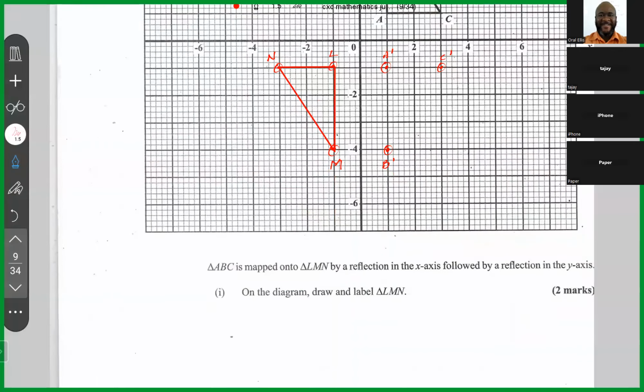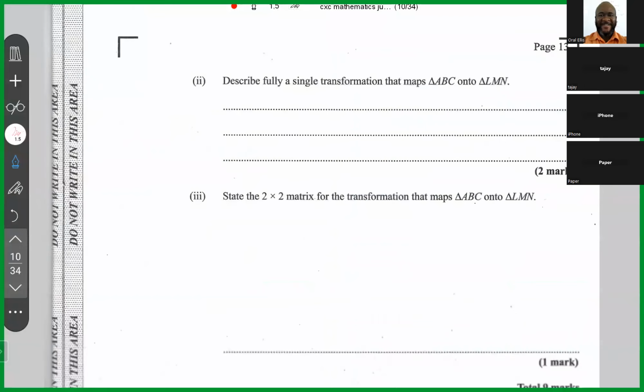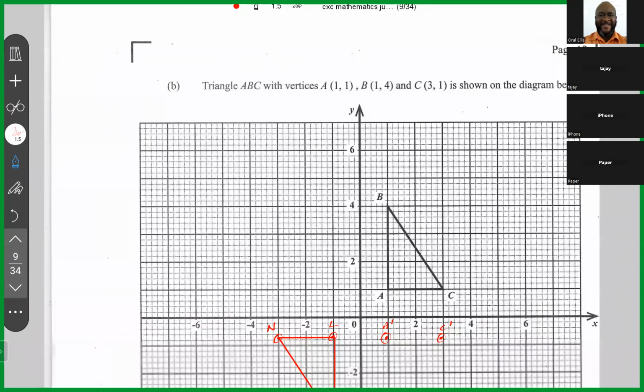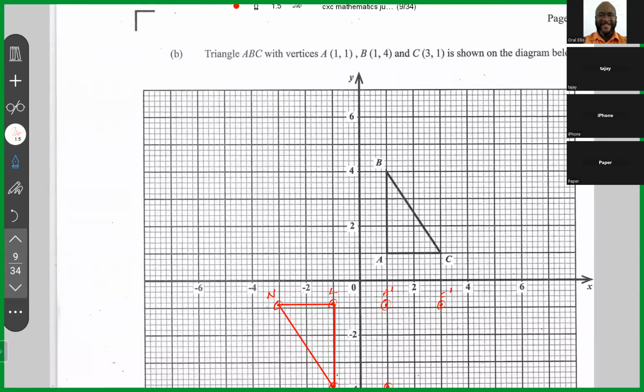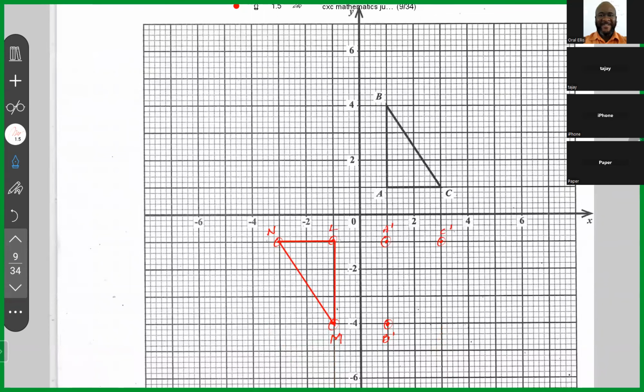All right, next. It said, describe fully a single transformation that maps ABC onto LMN. All right, just by looking at it, I can tell you that it looks to me like a rotation of 180 degrees.